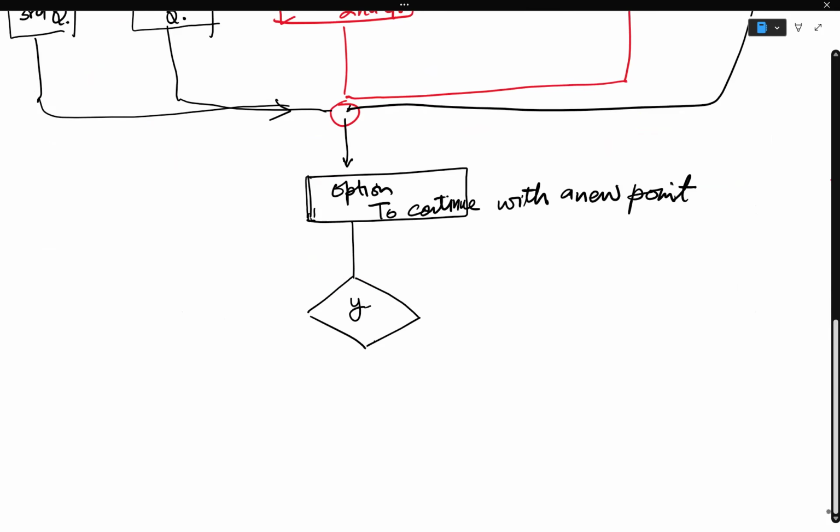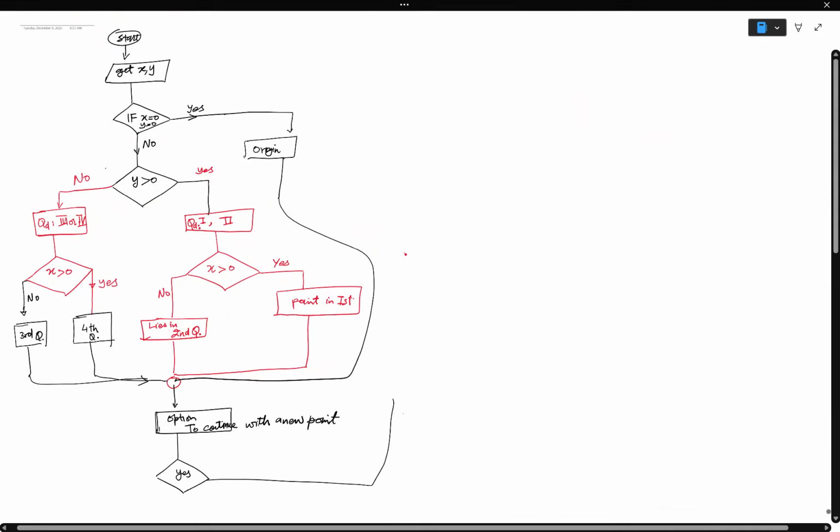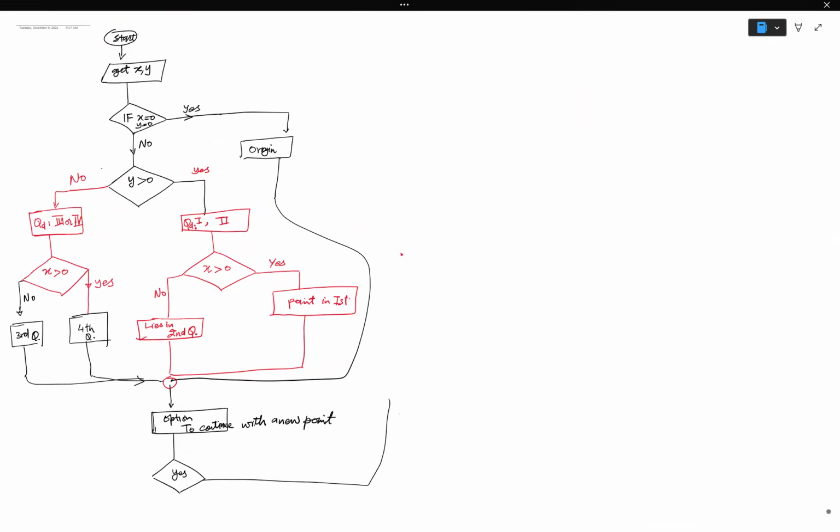If yes, we will shift the control back to read a value. This is the loop which is going to appear over there.